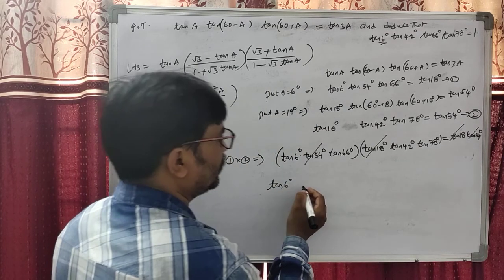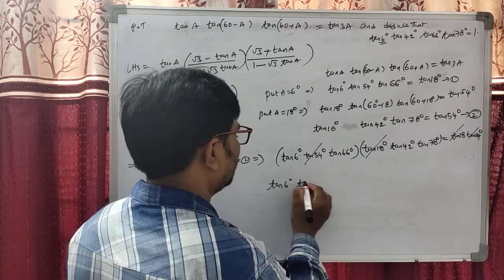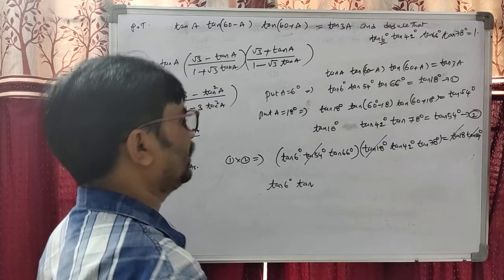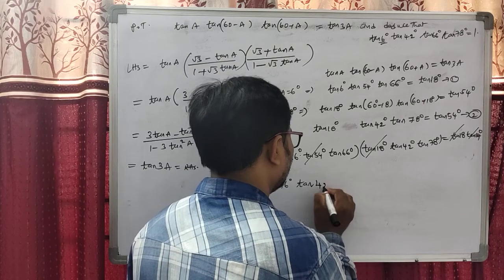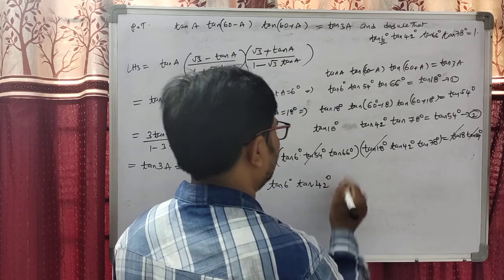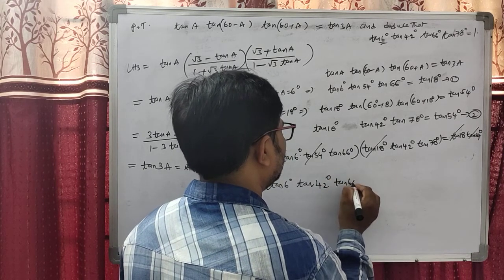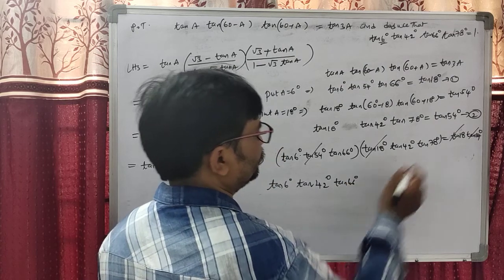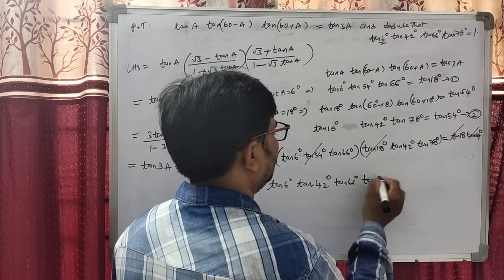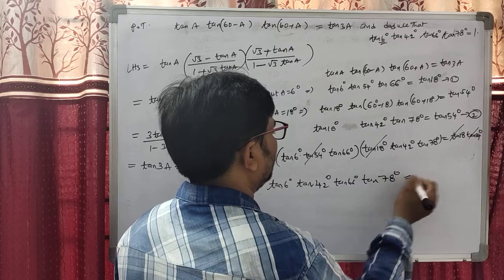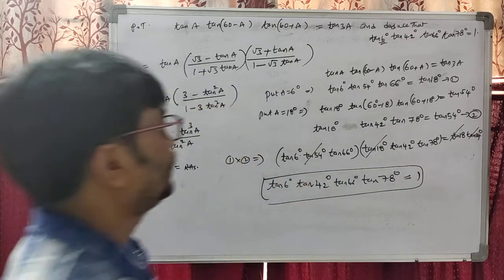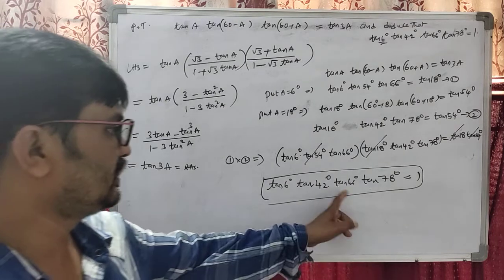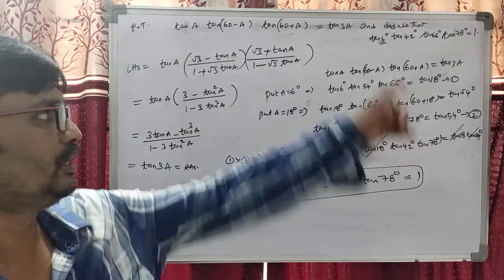Tan 60 degrees, then tan 6, tan 42, tan 66, and tan 78, equal to 1.